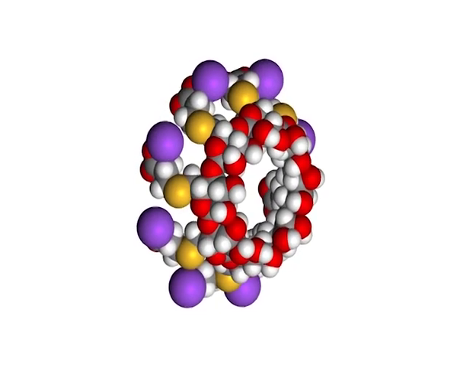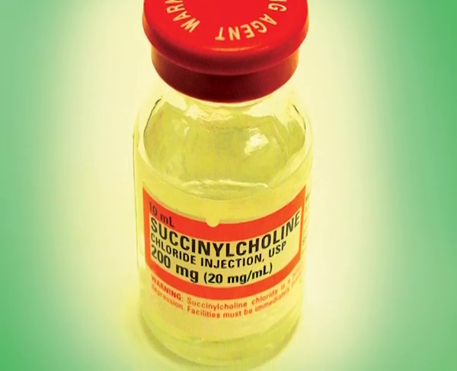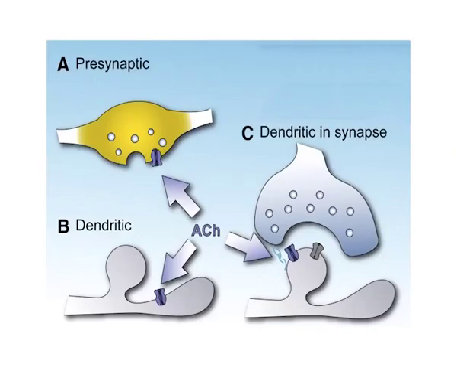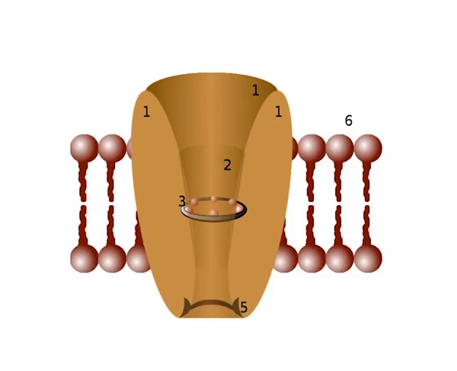Depolarizing neuromuscular blocker such as succinylcholine produce prolonged depolarization of the end plate, result in desensitization of nicotinic acetylcholine receptor, inactivation of voltage-gated sodium channels at the neuromuscular junction, increases in potassium permeability in the surrounding membrane.